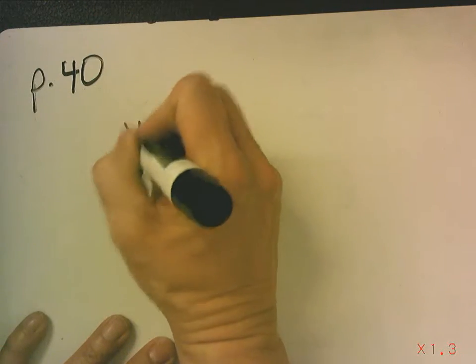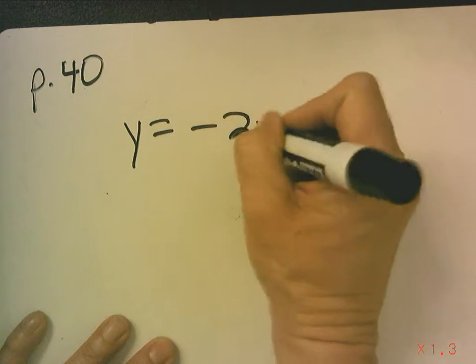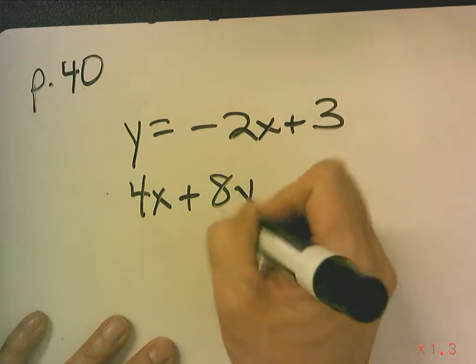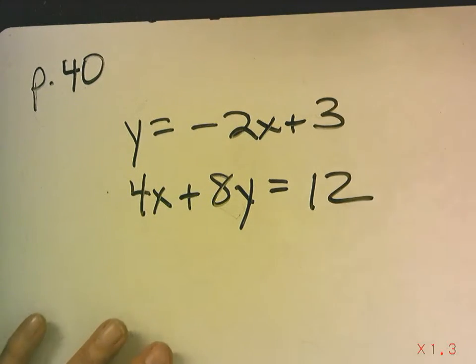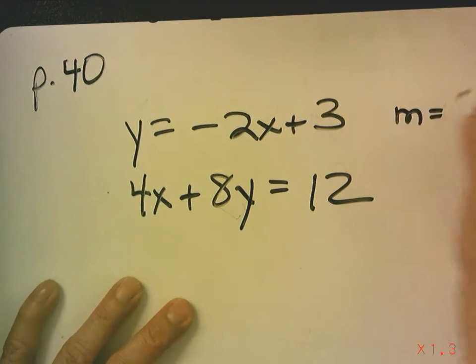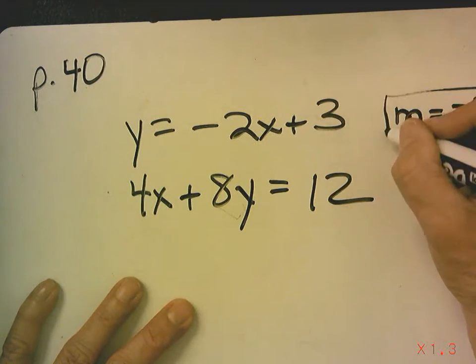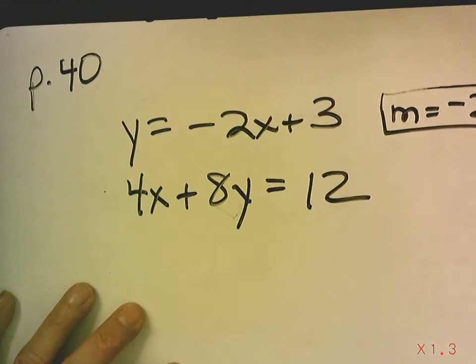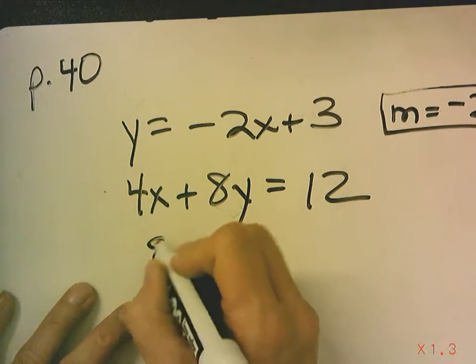And now, if we look at page 40, it says, are these lines parallel? Now, to determine if these are parallel, I have to look at the slopes, because if they have the same slope and a different y-intercept, then they are parallel. Very easy to identify this slope because it's in slope-intercept form. This form, though, is not so easy, so I have to change the form.